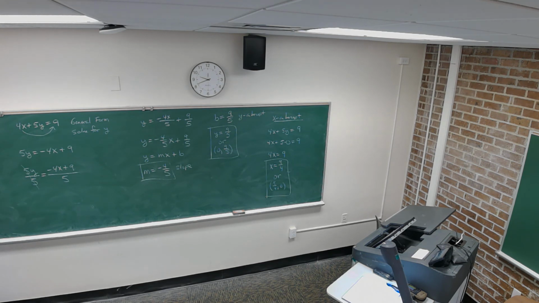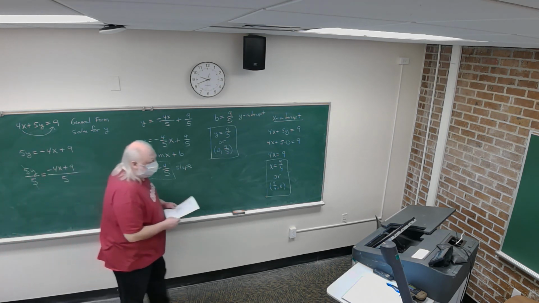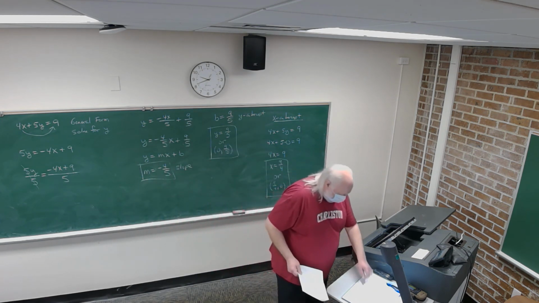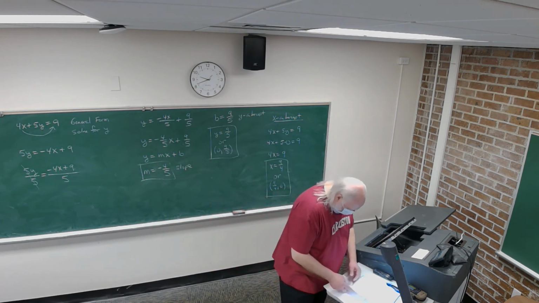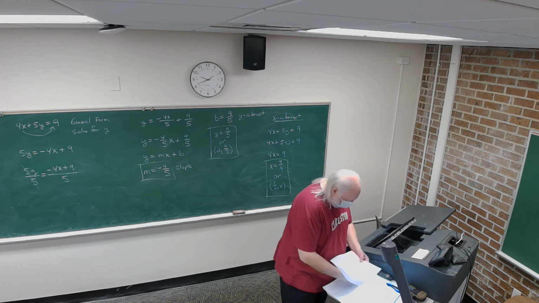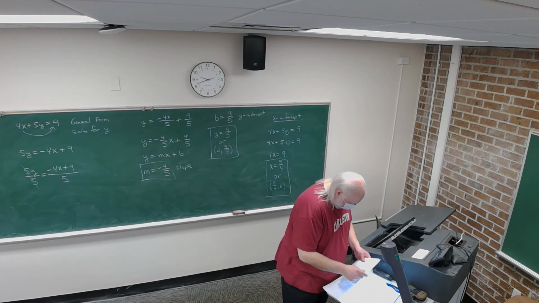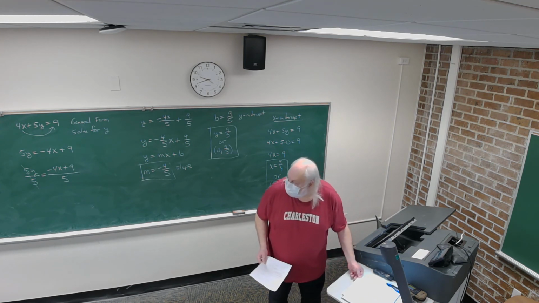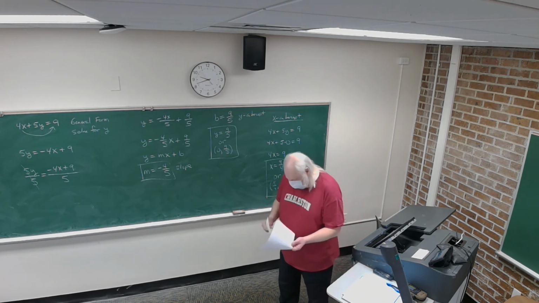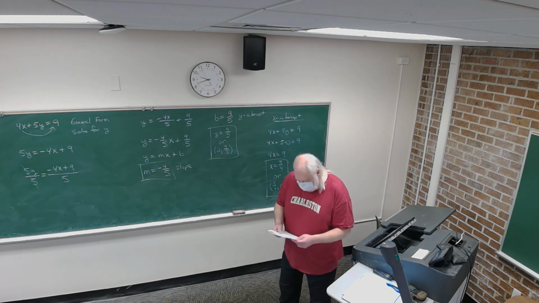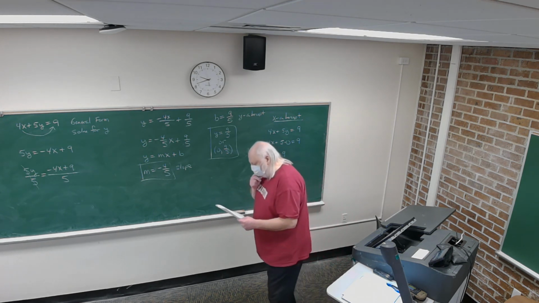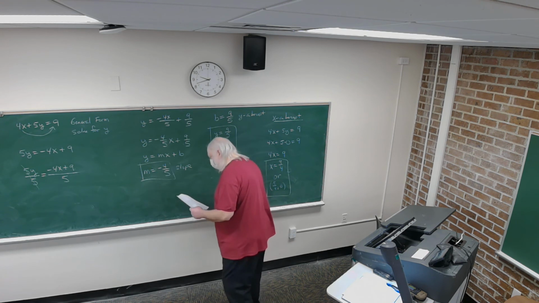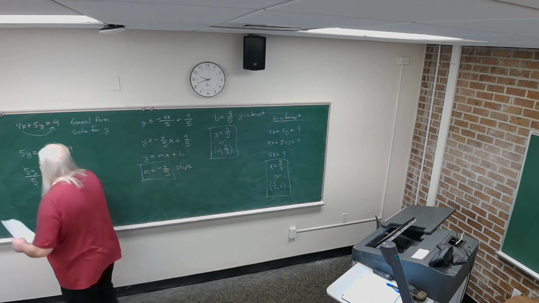All right, so you flip over your page. Find a point-slope equation of the line passing through the points (-1, -2) and (2, 5).